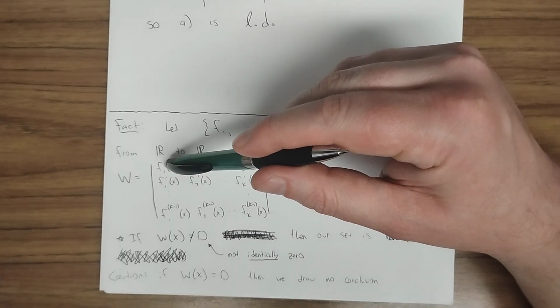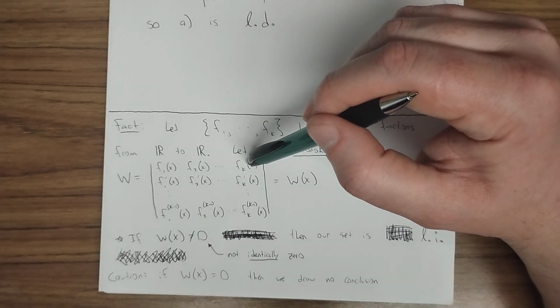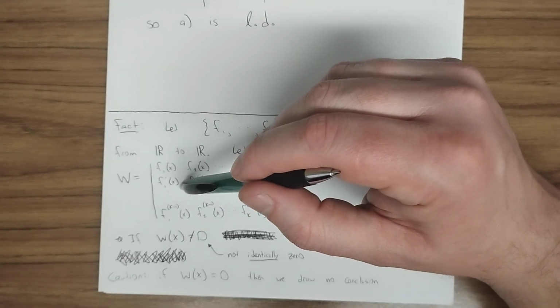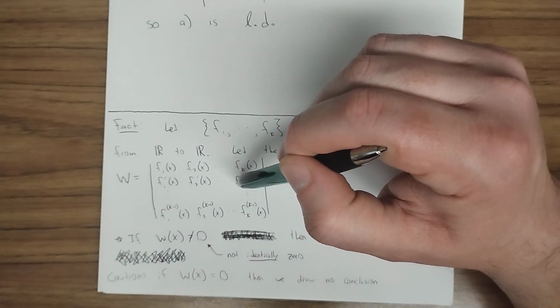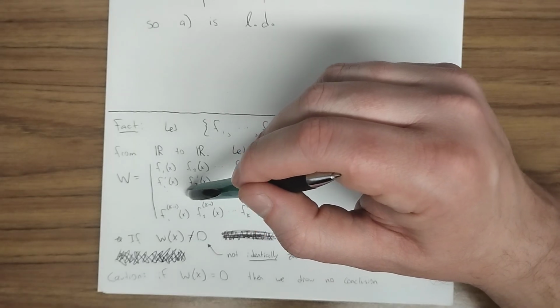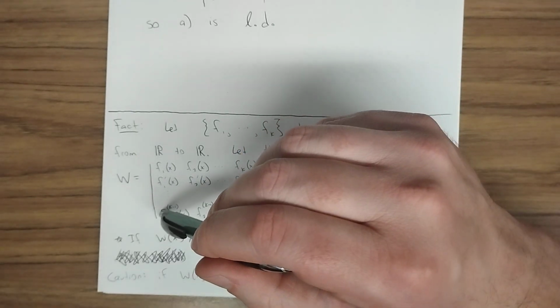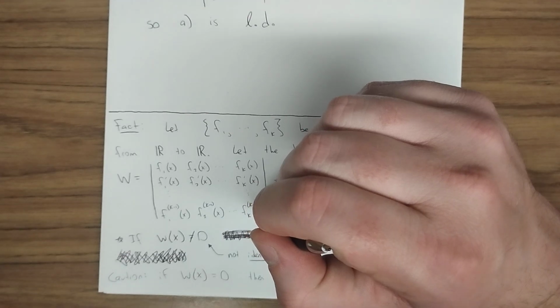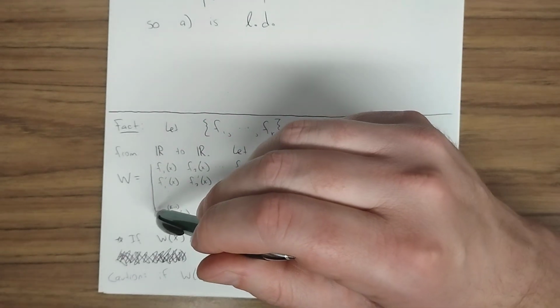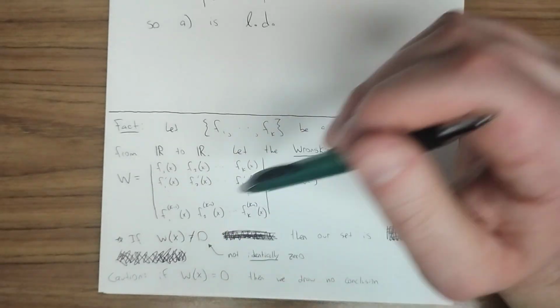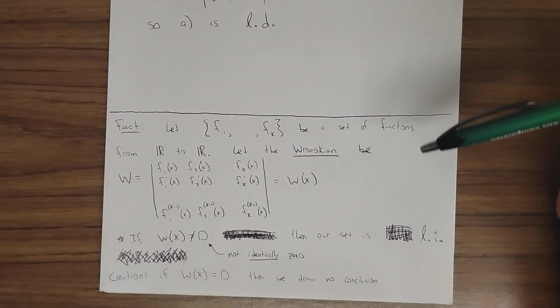I put my functions across the top row, and then the second row is the derivative, so I just take the first derivative of each one. And then the next row would be the second derivatives, all the way down to the bottom row. If I want this to be a square matrix, then when I get to the bottom row, I would be taking the k minus 1th derivative of each function.